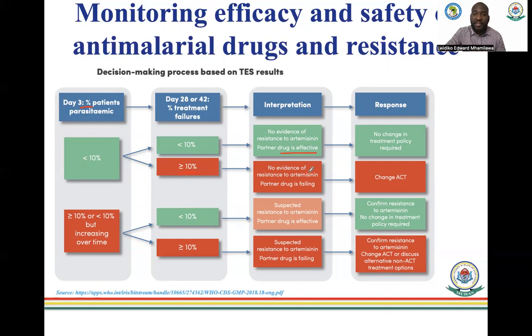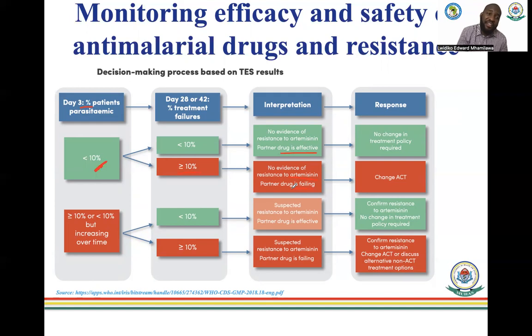Then, if there is no evidence of resistance to artemisinin, because resistance to artemisinin would be indicated in your first 3 days. Artemisinins are responsible for your first 3 days clearance because the half-life is very low. But then this will tell you that your partner drug is failing. So if you have artemether-lumefantrine and more than 10% of the patients come back with parasites, then you need to change your ACT because the partner drug is the one that is defunct.